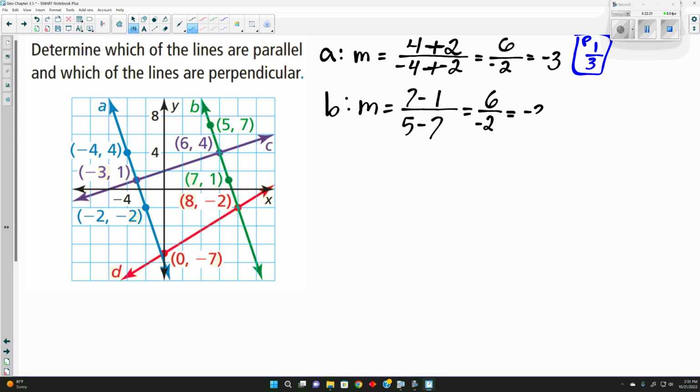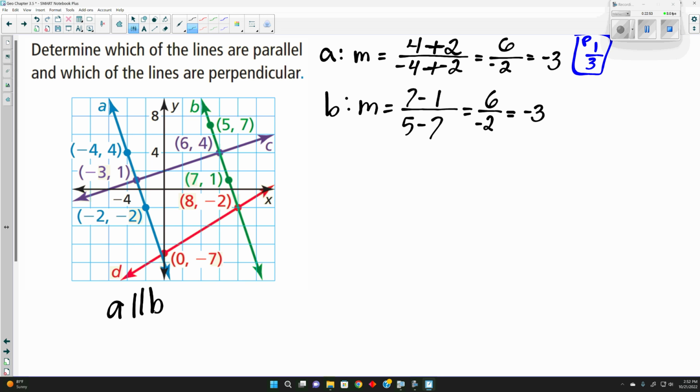So the slope is -3, so line A is parallel to B. Because even if we did 5, 7, and 6, 4, because 7 minus 4 is 3, 5 minus 6 is -1, so we still get -3. No matter which ones we pick, it'll still be the same. Because slope is just the rate of change, and the rate of change between any of these points will be the same.